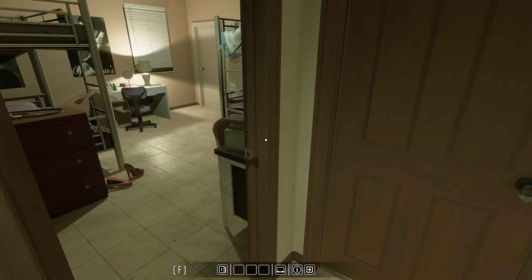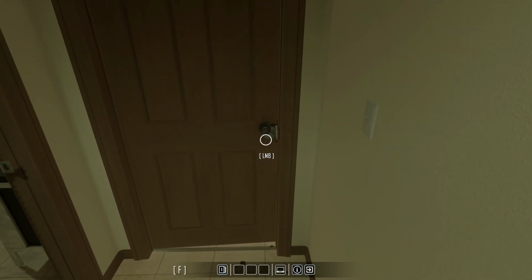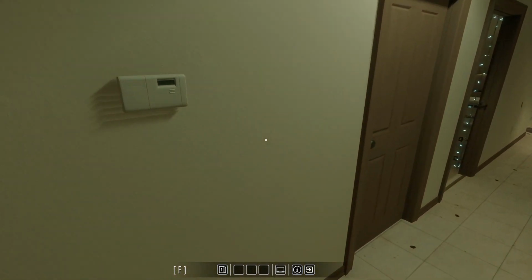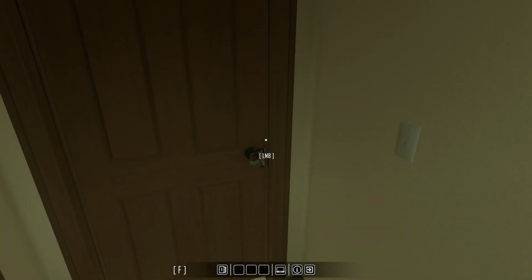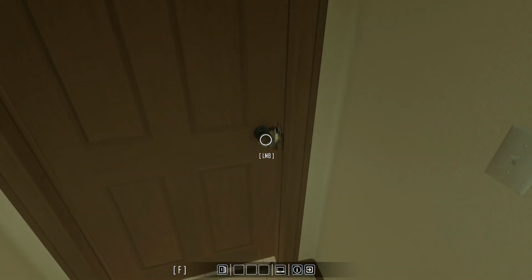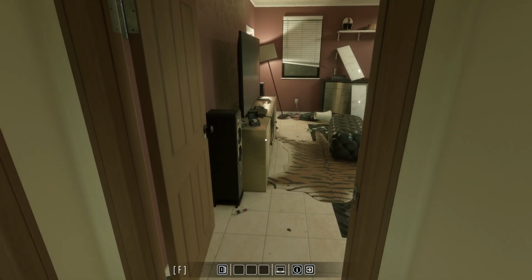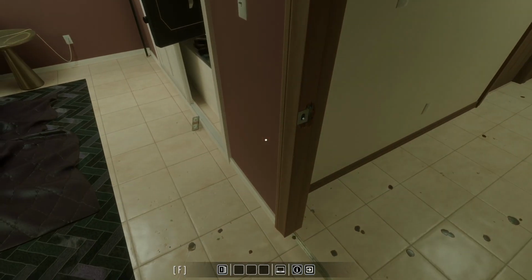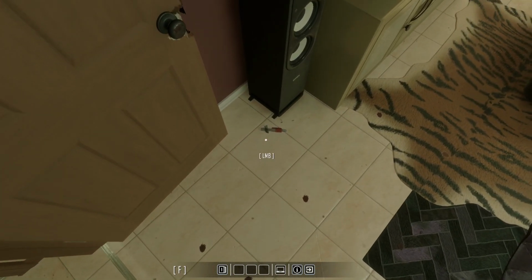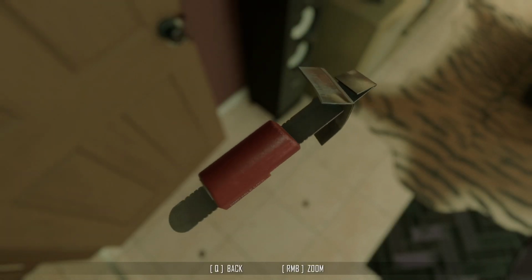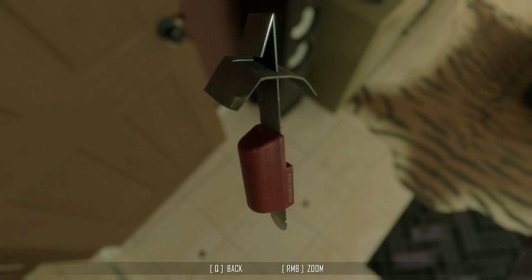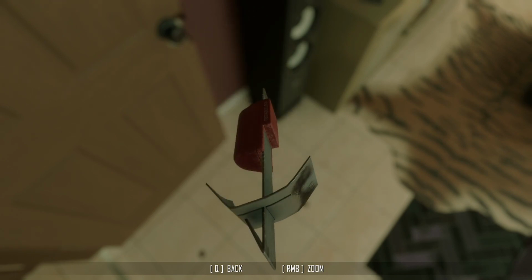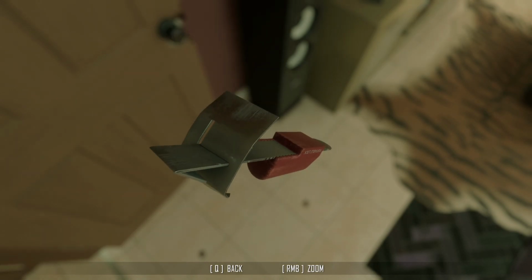I can't open this. This I can open, so they are definitely children. Broken lock. Oh, by the way, was this a broken lock? No. So somebody broke this to open. There has been a fight, or searching for something. What is that? Is that a portable lock? So probably this was on the door.